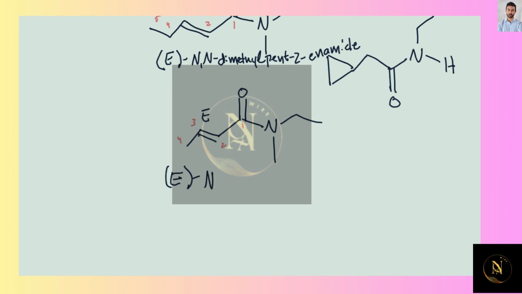That is N-ethyl-N-methyl. So it's just like any other functional group, like 4-chloro. We're saying N-ethyl, and we specify N instead of a number. Okay, N-ethyl, N-methyl, and then but-2-enamide.